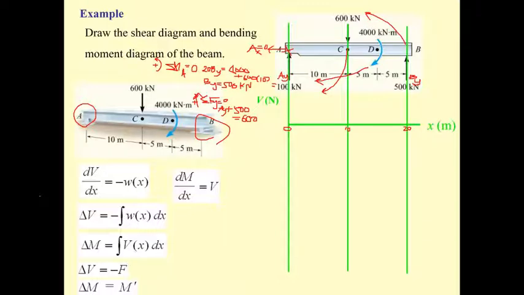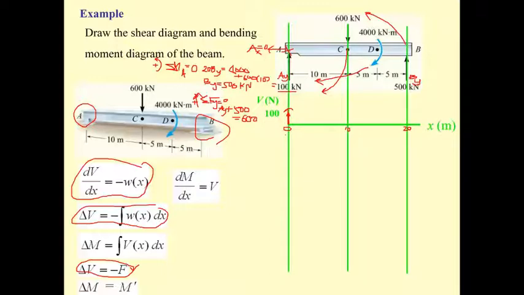Now in the shear diagram, we're going to use this equation. At point A, we have the 100 kilonewton. Following this equation, the point load moves the shear 100 kilonewton up. Up means increase.